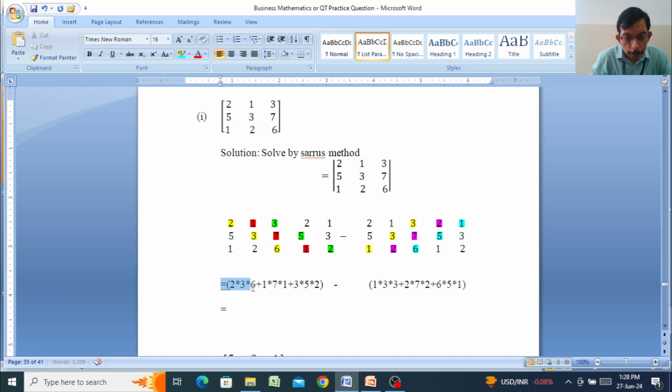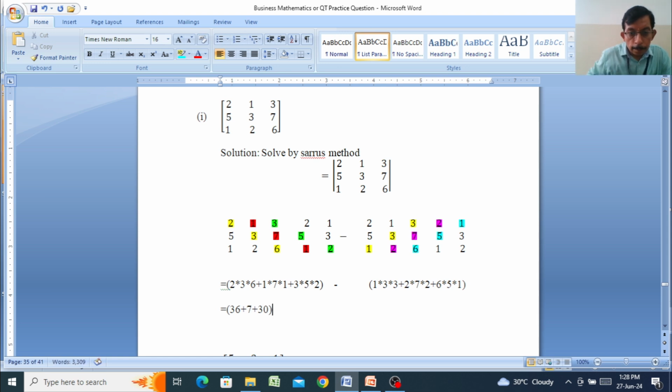Multiply: 2 3 is 6, plus 6 1 is 6, plus 6 6 is 36. 3 2 is 6, 6 6 is 36. 7 1 is 7, plus 7. 5 2 is 10, 10 3 is 30, plus 30.